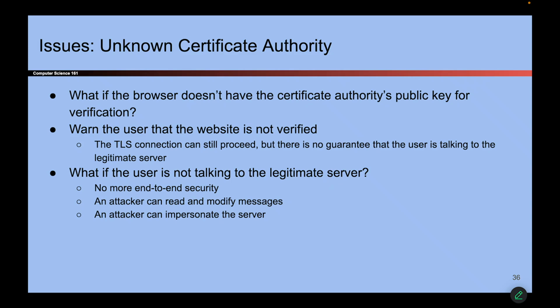You could now be talking to an impersonator who gave their own bogus certificate that said, I'm Google, even though they're not. So you've lost end-to-end security. An attacker can impersonate the server. They could also read or modify messages that you send. So that's why browsers have to show you this warning, because if you choose to visit the website anyway, you've lost potential TLS security.